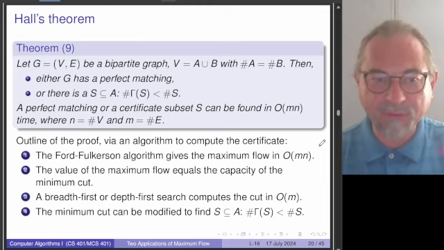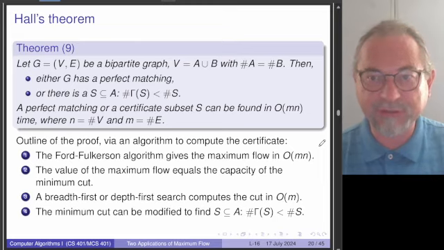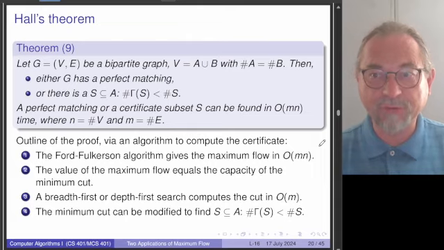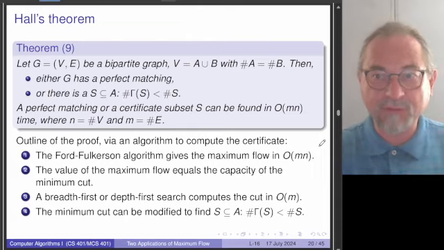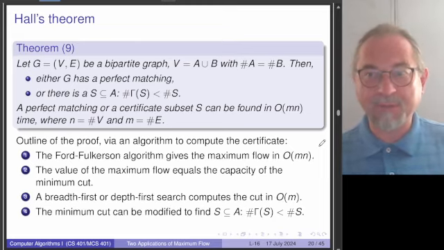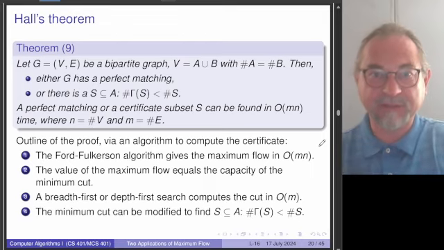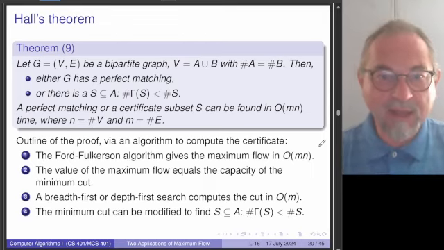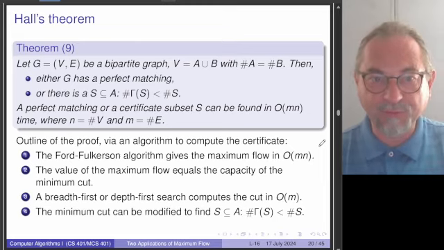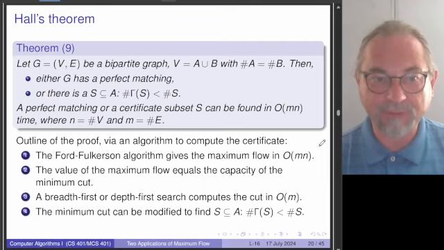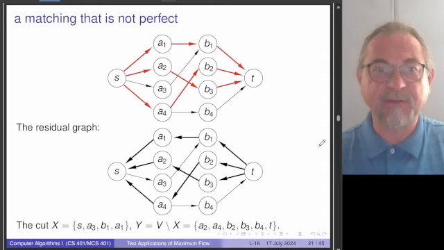Via a breadth first or a depth first search in the residual graph, you can compute all the vertices that are still connected to the source. By definition, the complement is the other set in that cut. I will illustrate how you can compute that certificate from the cut by an example.